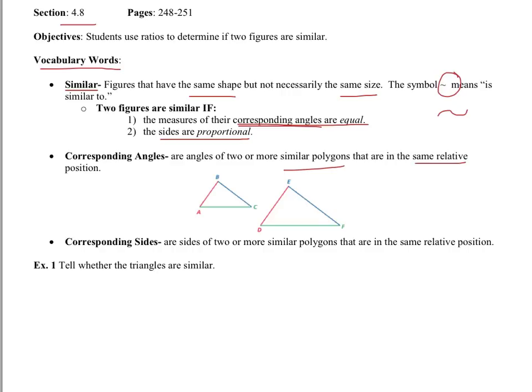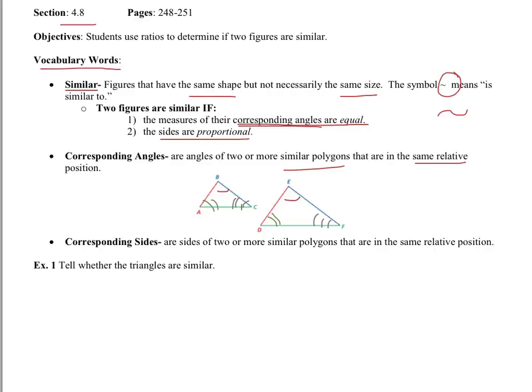In the two that I see here, E and B are corresponding angles. A is going to correspond with D, and last but not least, F is going to correspond with C. So there's three different angles and they all have one to correspond with.